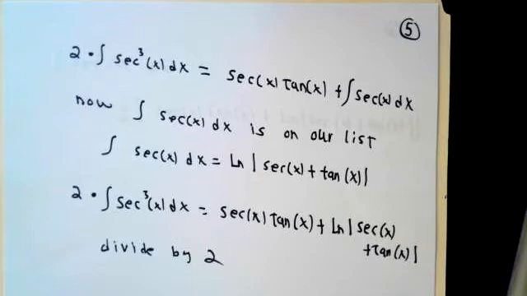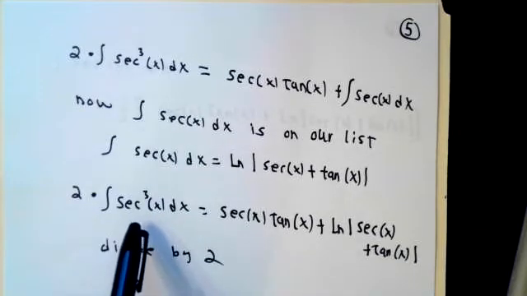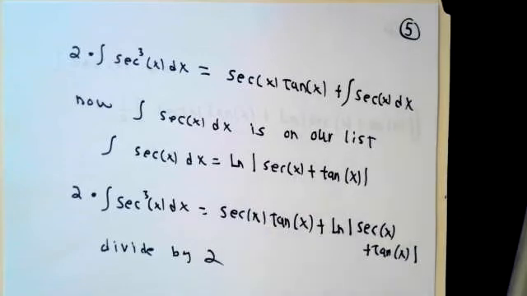That's on our list of things that we already know. 2 times the integral that I'm after is secant x tangent x plus natural log absolute value secant x plus tangent x. Once I've got it written this way, 2 times the thing that I'm interested in equals a known quantity. I'm basically done. Divide both sides of this by 2.